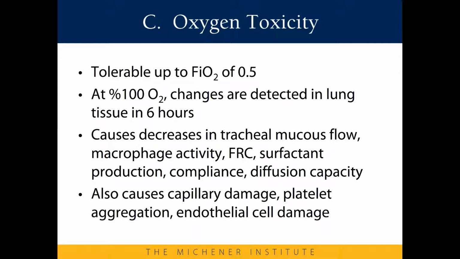It can cause changes in our pulmonary tissue, which will affect our compliance. If you are ventilating a patient on 100% FiO2, at 6 hours of ventilation at this FiO2, we're going to cause lung and tissue damage. So we need to be mindful that oxygen can cause lung damage.